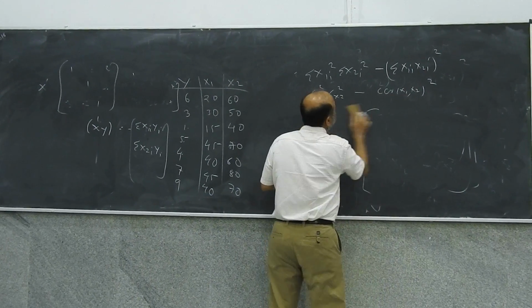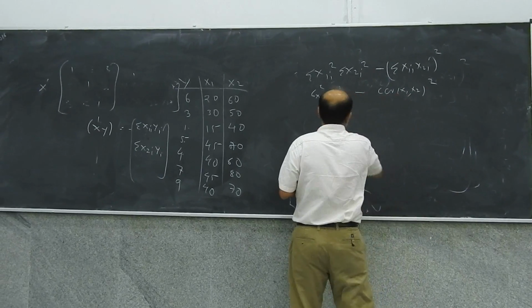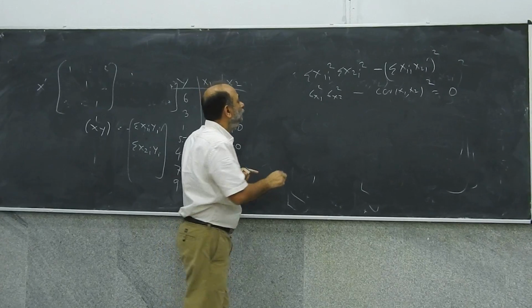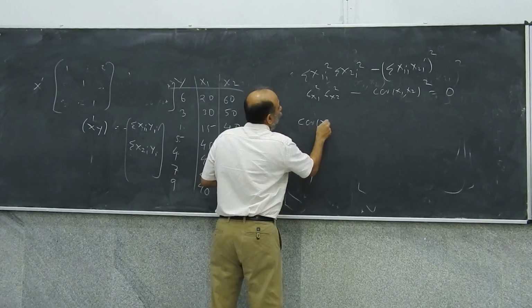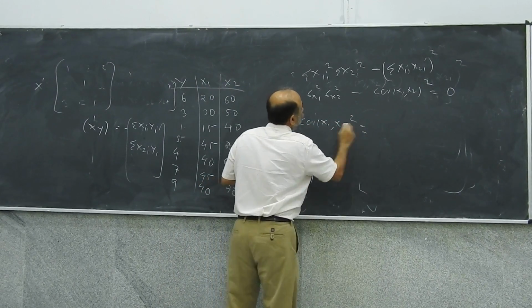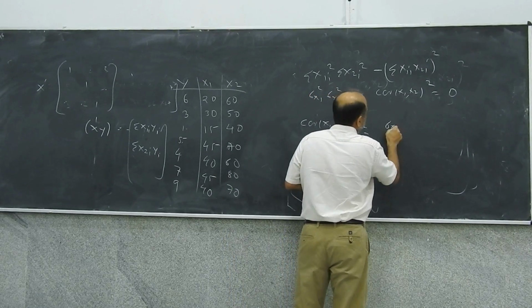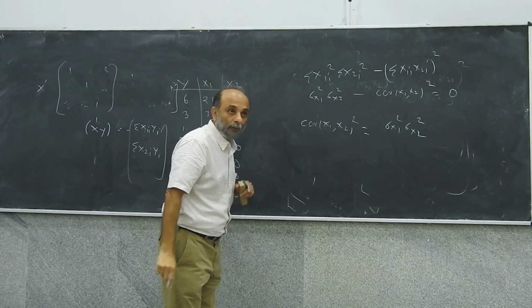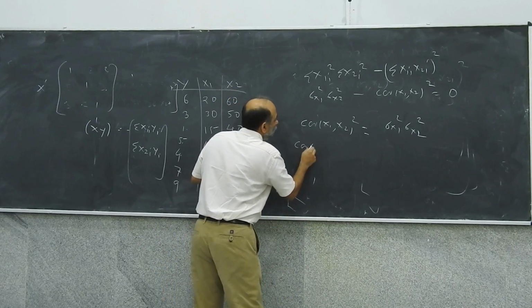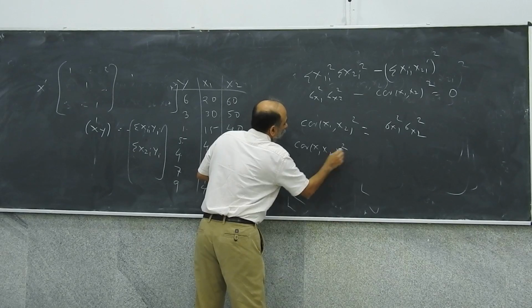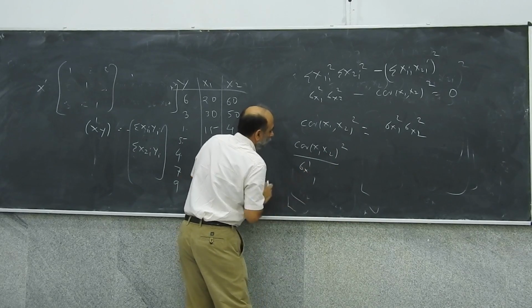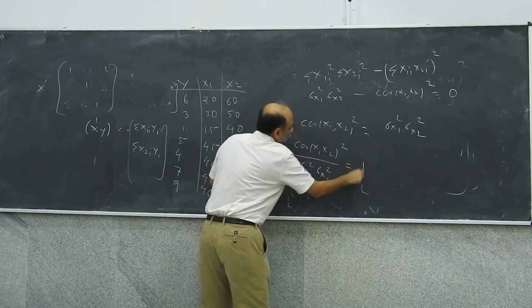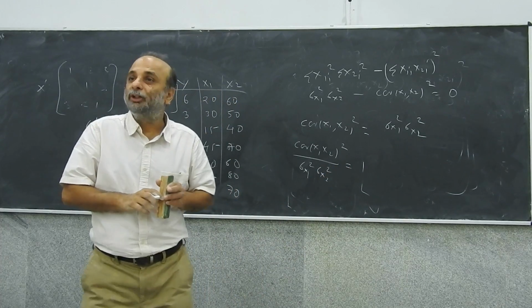If the determinant is 0, what does it mean? It means covariance x1, x2 square divided on both sides.